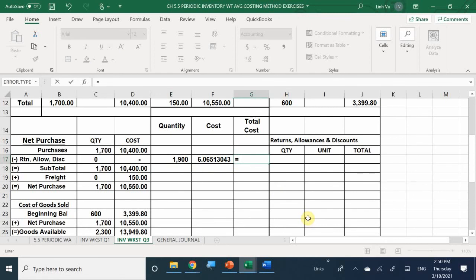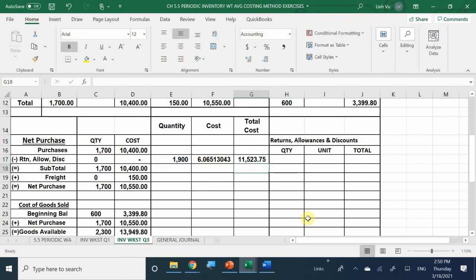So equal ROUND, open parentheses. My first argument is going to be my quantity times my cost. End my argument with a comma. And I want 2 decimal places, so 2 to end my argument, and enter.